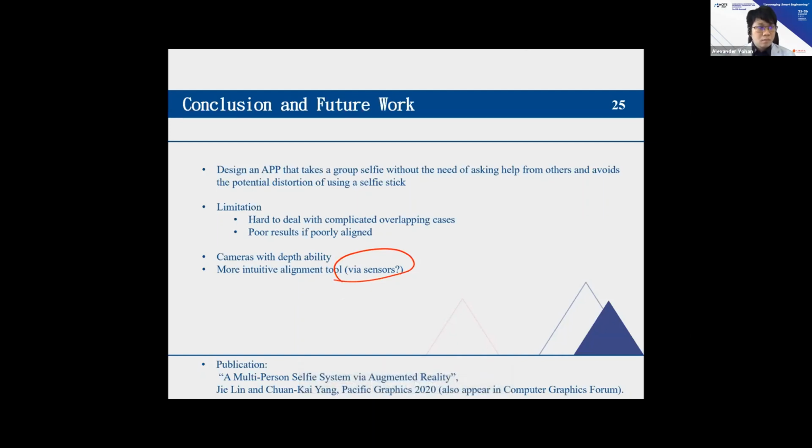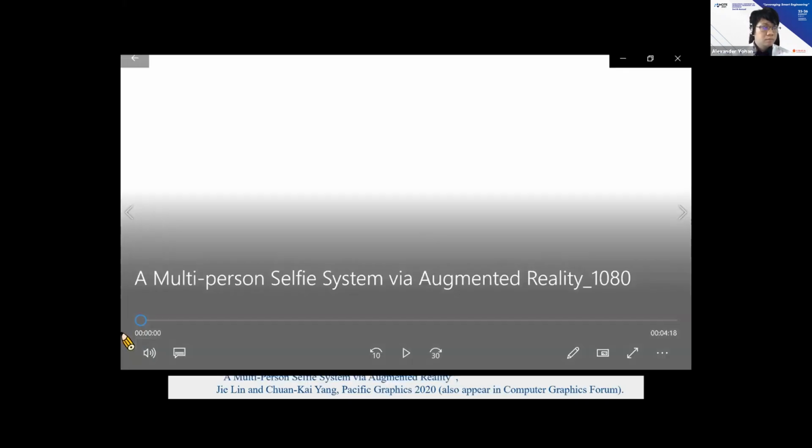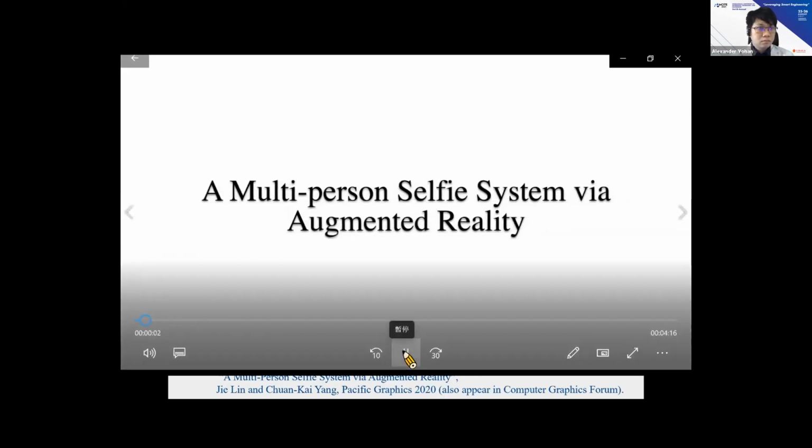Okay, so for your information, this paper is also published in Computer Graphics Forum, one of the very good journals. So I'm going to show you a video to explain more about the process.